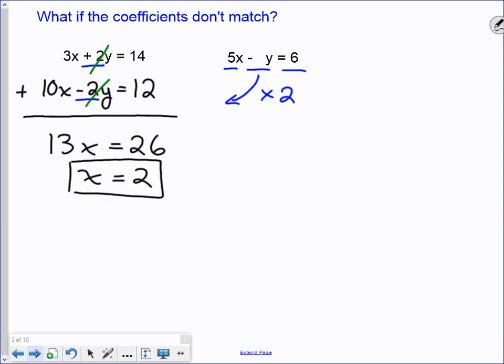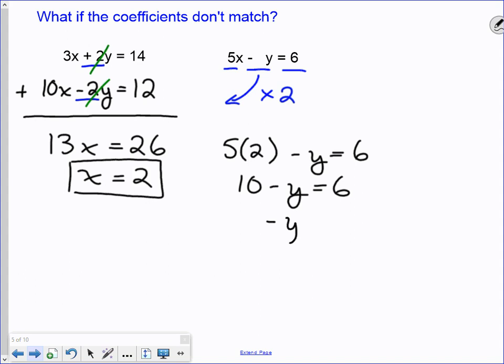Once we have x equals 2, we can come back to our original equation here, 5x minus y equals 6. We can sub in 2 for x. 10 minus y equals 6. Negative y, subtracting 10 from both sides, is negative 4. So y is going to equal 4.